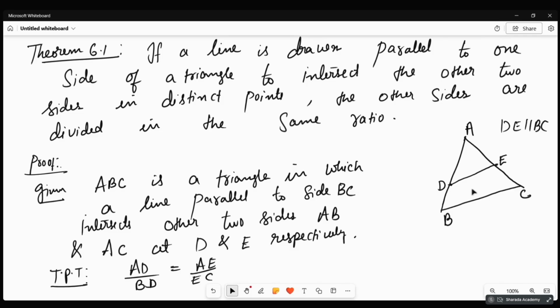Now we have to prove that, since DE is parallel to BC, AD by BD is equal to AE by CE.